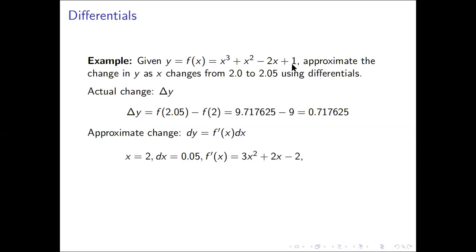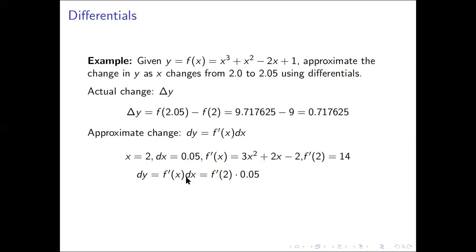So we differentiate f of x, applying the power rule. We have this. And so this is how it will go. Again, dy equals f prime of x dx by definition. So starting with the initial value of 2, that becomes f prime of 2, and then the change in x, which is 0.05, written here.